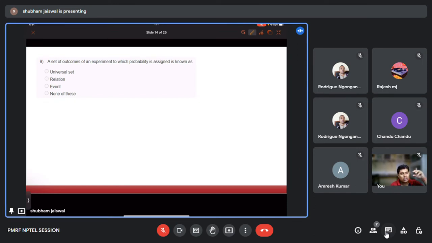Like I have a coin, and I am tossing it. So what can I get? Either head or tail. So my outcome will be based on whether I will get head or tail. Now tell me the answer. Anyone?